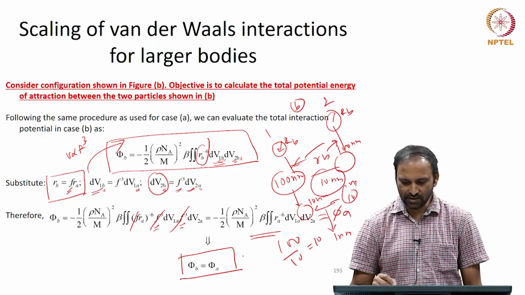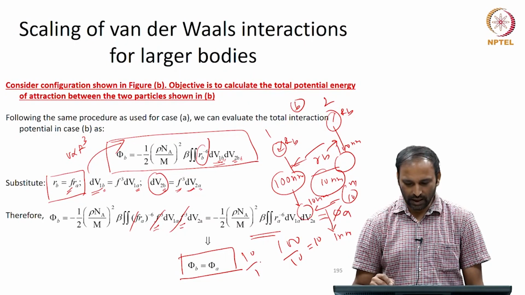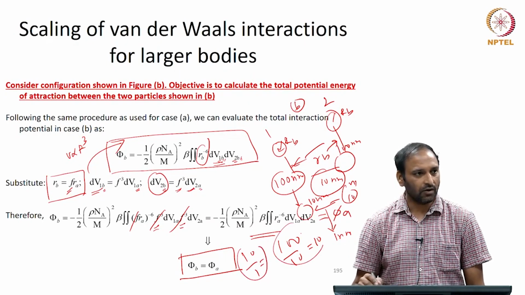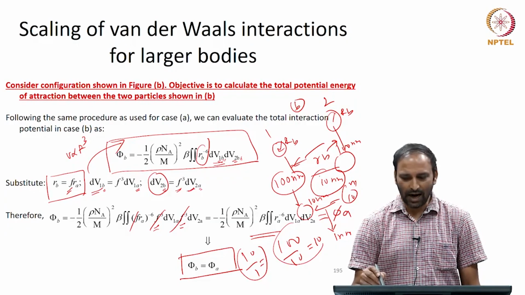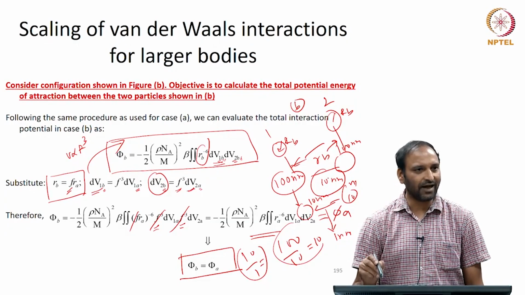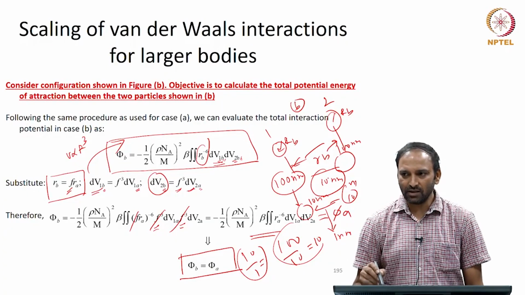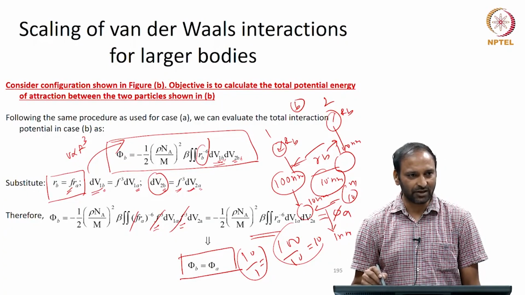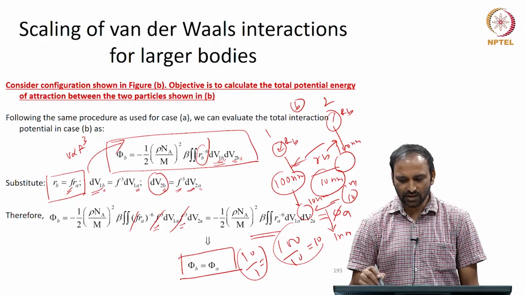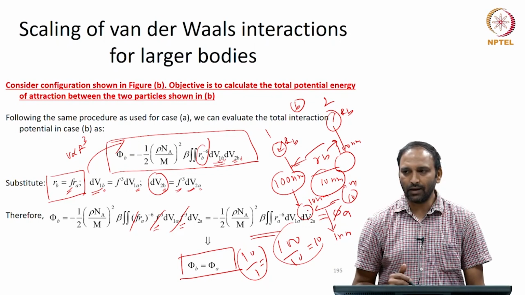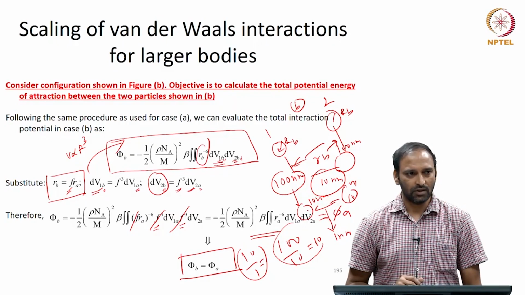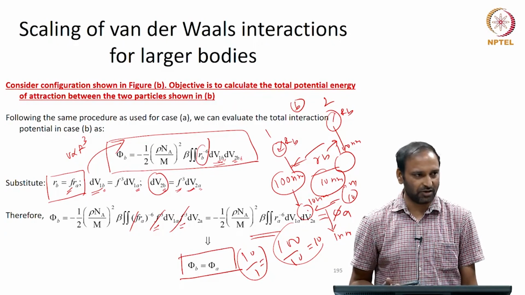Let us look at the scaling of the distance, 10 divided by 1, again a factor of 10. In cases like this, the 100 nanometer particles at a separation distance of 10 nanometer will experience the same van der Waals force of attraction as the case where you have 10 nanometer particles separated by a distance of 1 nanometer. That is the implication of this result.